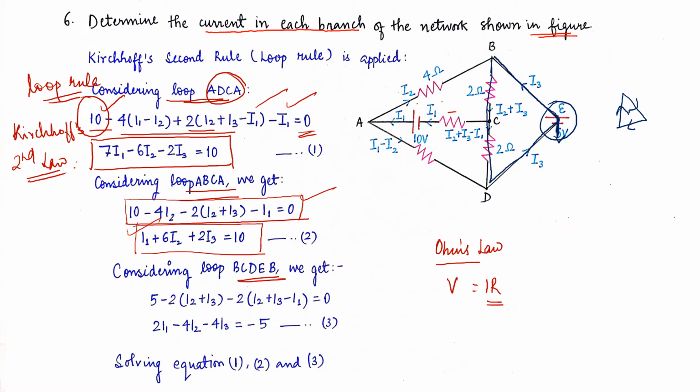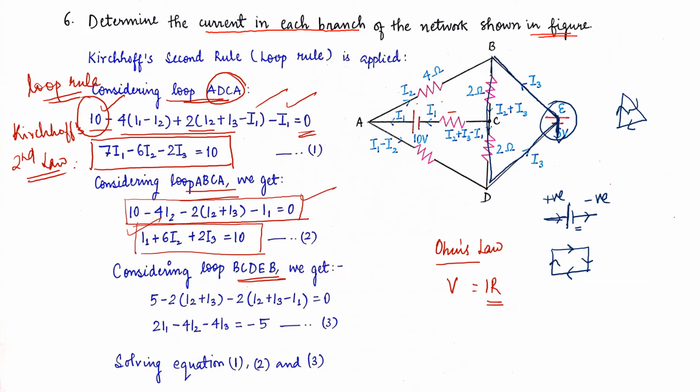The current is flowing out from the negative terminal of the battery. See, this is our battery. The longer line is the positive terminal, the shorter one is the negative terminal. If current is flowing like this, then this is our clockwise and current is flowing like this, so current is coming out from the negative terminal, and we have to take it negative.